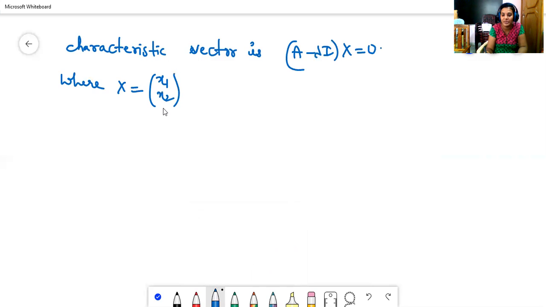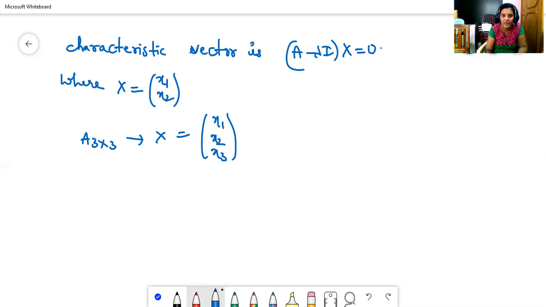This is a column matrix. If A is a 3 by 3 matrix, X has three variables, X1, X2, X3. This is a 3 by 1 column matrix.